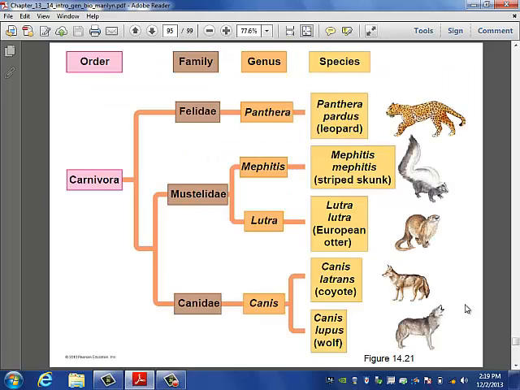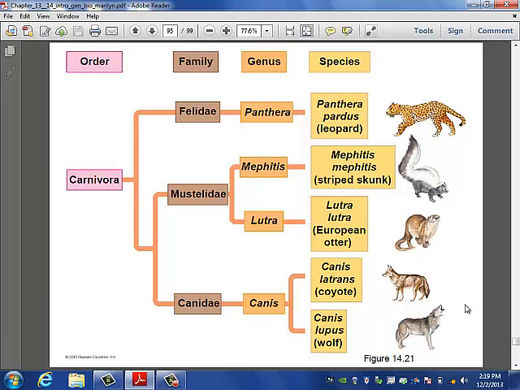So we've seen a lot of these. Same thing as what we just looked at, showing you where these guys' commonalities exist and where their split came about.